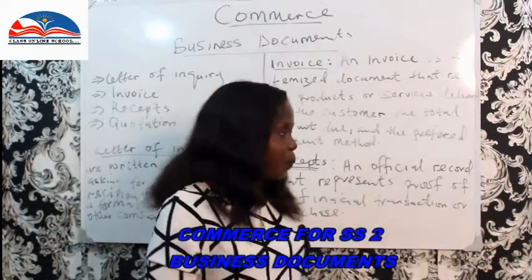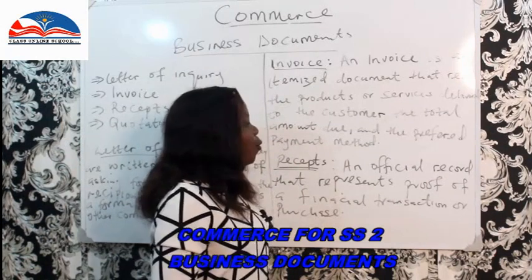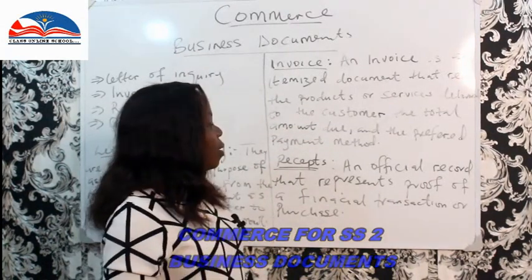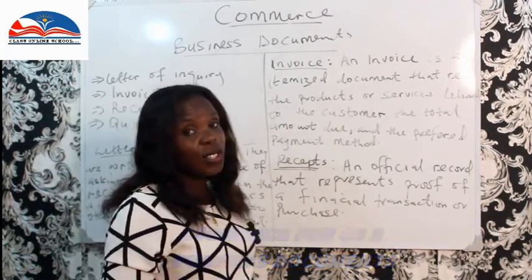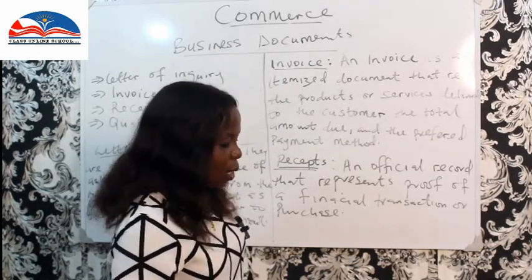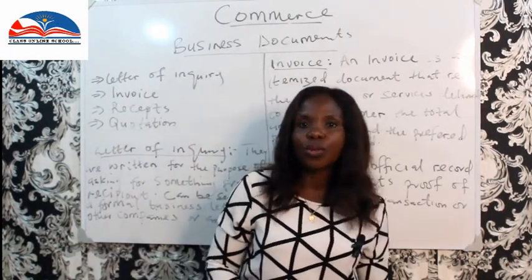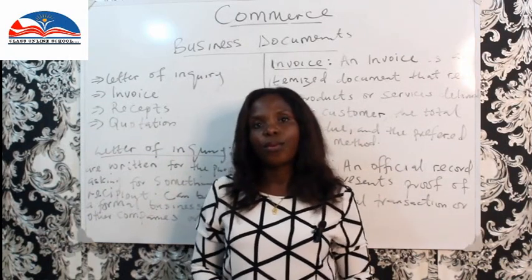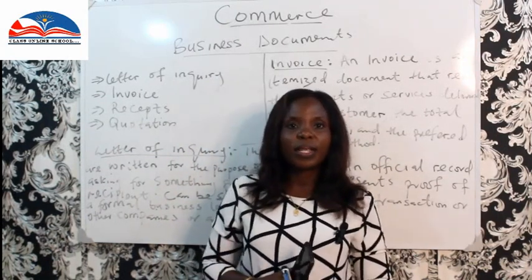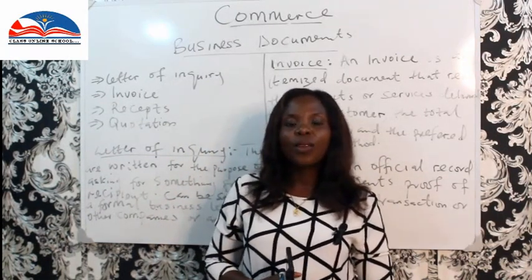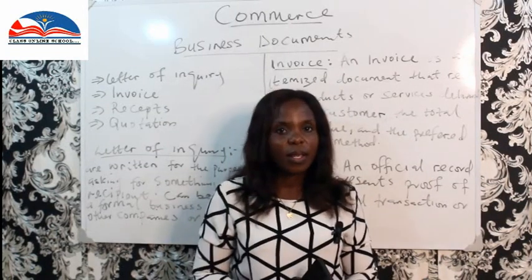The receipt is an official record that represents proof of financial transaction. Let's take, for example, your house where you live. Your parents pay rent, and the landlord issued them the receipt.